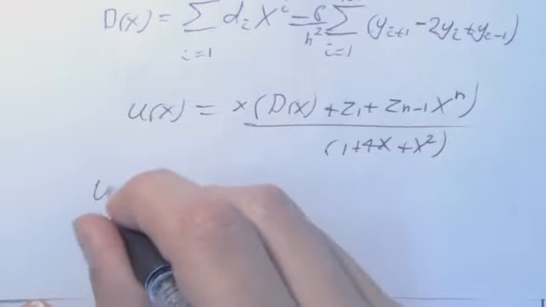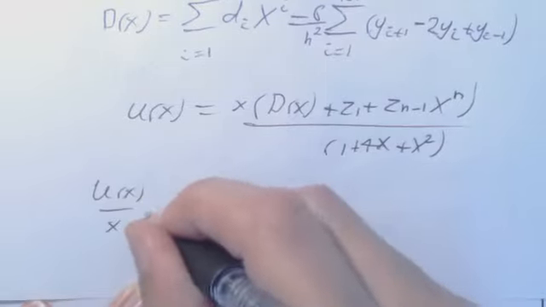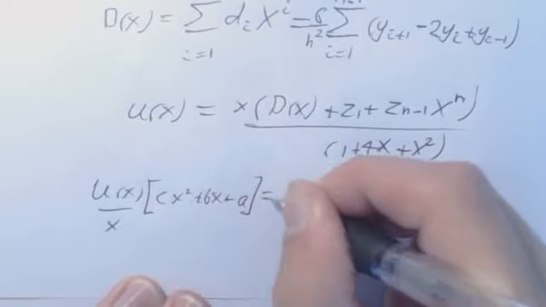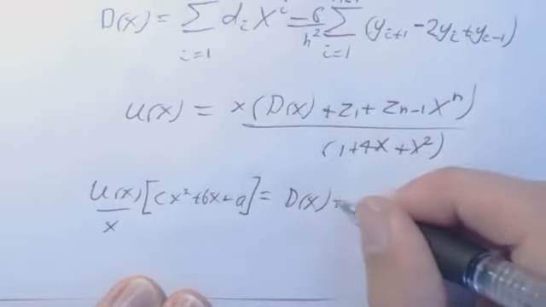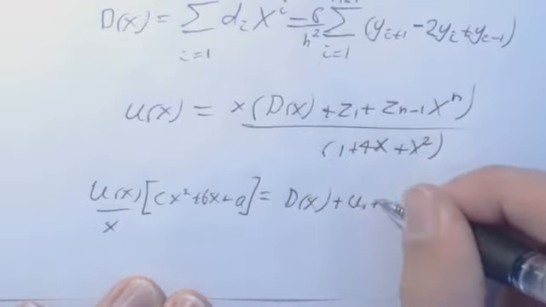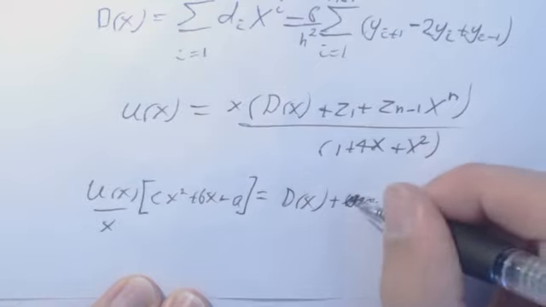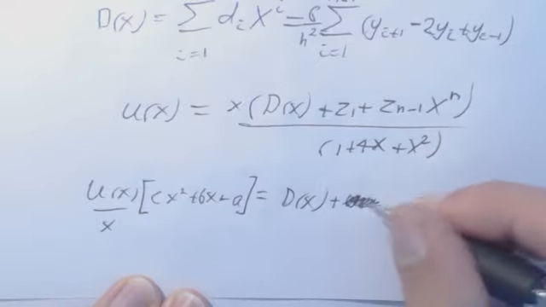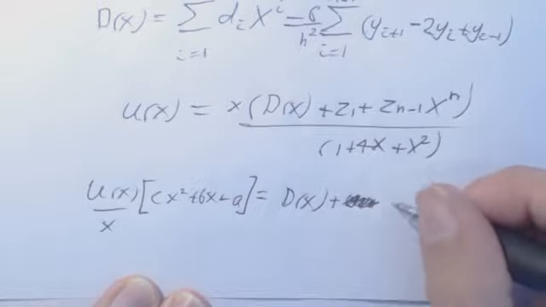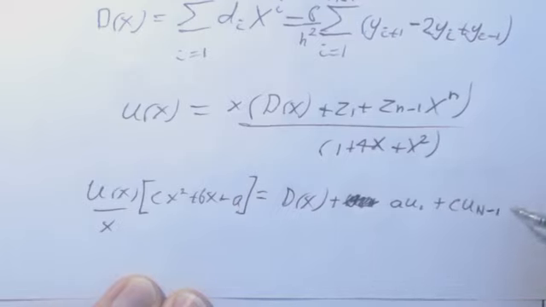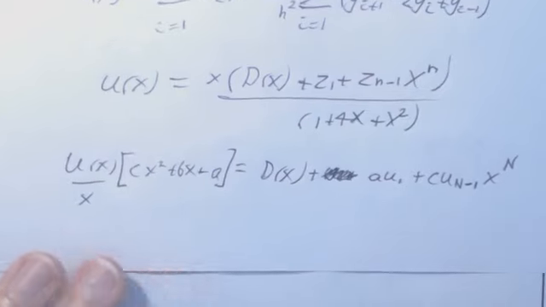I remember before we had u(x) over x times (c x squared plus b x plus a) is equal to d(x) plus u_1 plus, I think it was c u_{N-1}, and you used a big N in that example, x to the N. I remember that was what they had before.